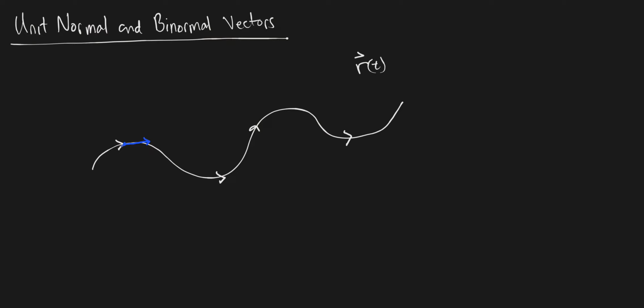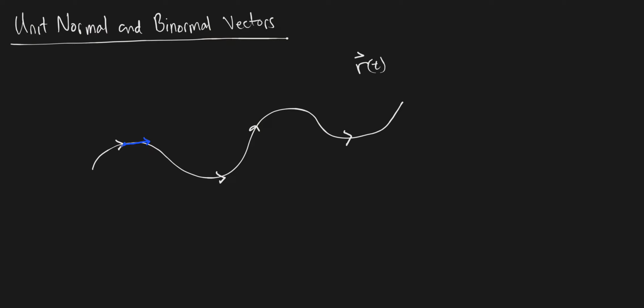So since the magnitude of our unit tangent vector is equal to 1, it follows that T and the derivative of T are orthogonal. So there we go. Essentially what we have now is an idea of how to get those vectors in red, simply by differentiating our unit tangent vector.